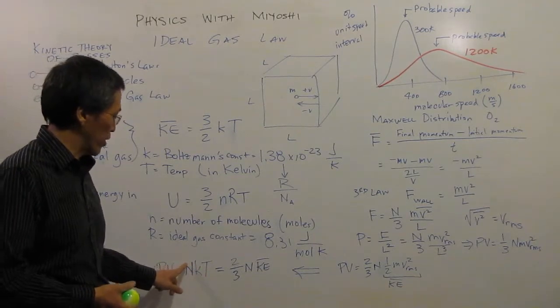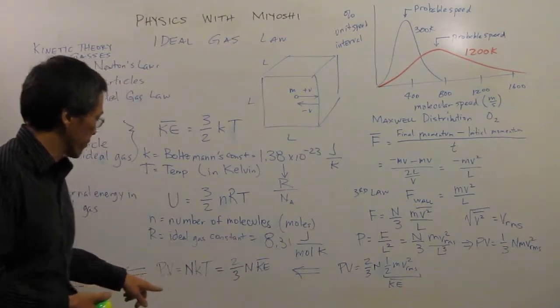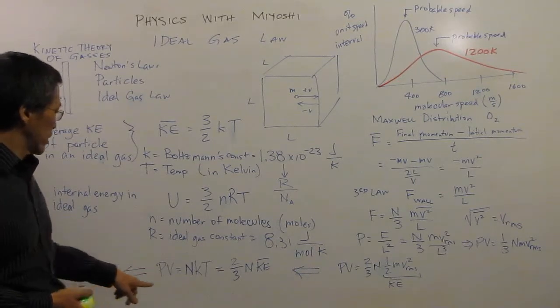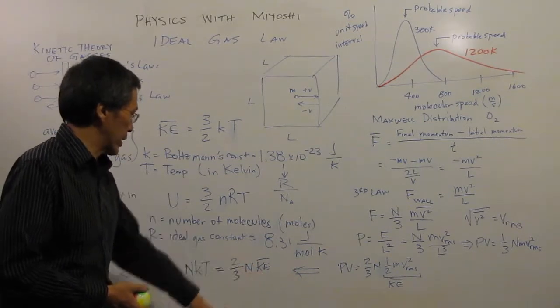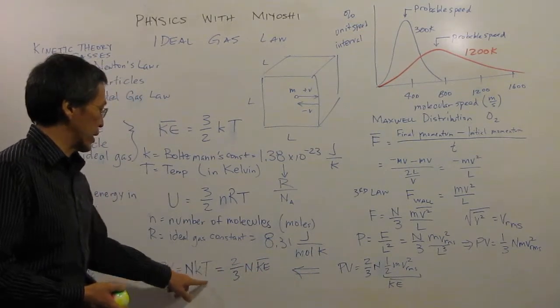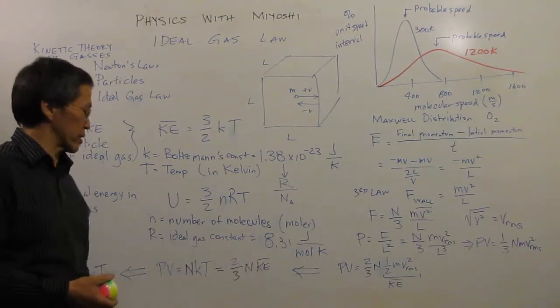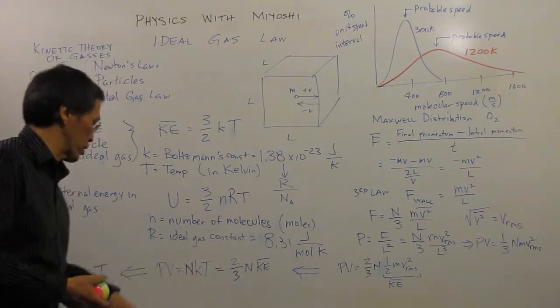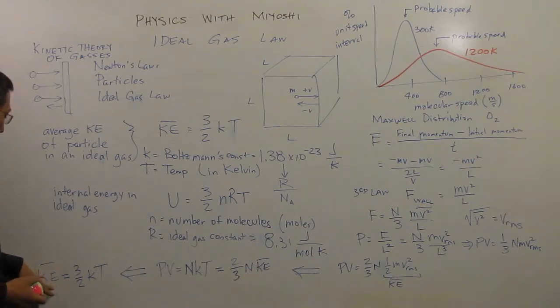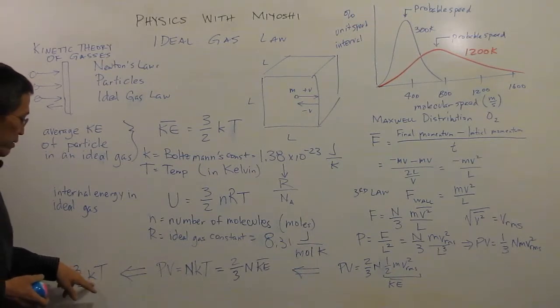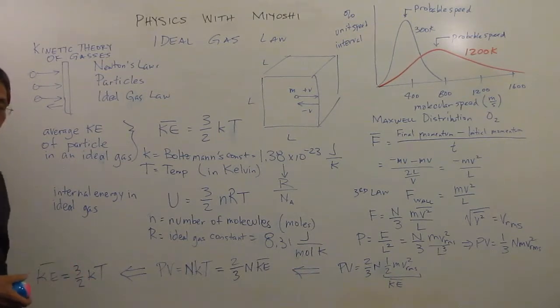If I divide out the N, then 2/3 of the kinetic energy is kT. If I rearrange and multiply both sides by 3/2, I end up with the average kinetic energy being 3/2 times Boltzmann's constant k times T, my temperature in Kelvin.